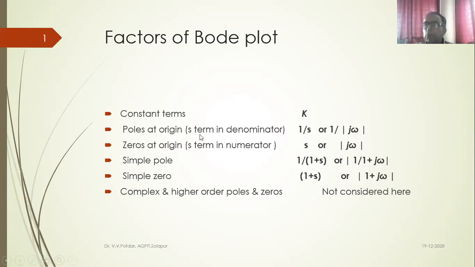What do you mean by poles and zeros? We already identified. The denominator values of the factors correspond to poles of the transfer function, and numerator values of that transfer function correspond to zeros of that transfer function. And we also remember that those are called zeros because by putting the values of those parameters, the entire transfer function becomes zero, so they are called zeros of that transfer function or zeros of that system.